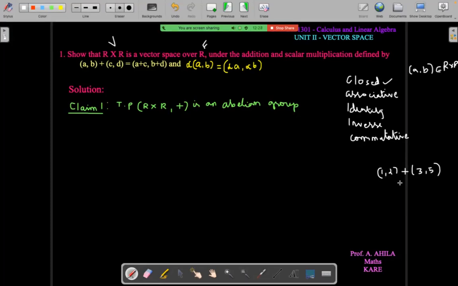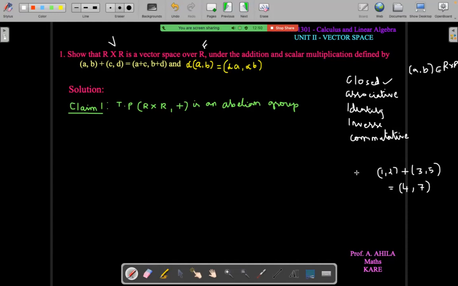If we add these 2, what do we get? 1 plus 3 is 4 and 2 plus 5 is 7. So another point (4, 7). Here also 4 and 7 are real numbers. Therefore, this is also in the ordered pair form and it belongs to R cross R. So we can say yes, it is closed.